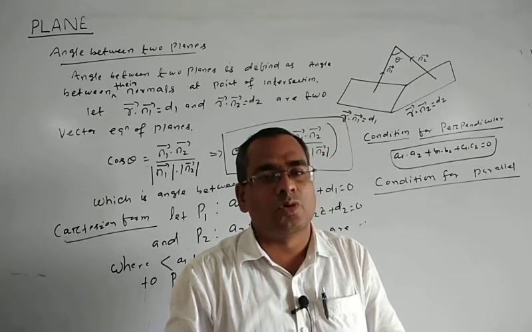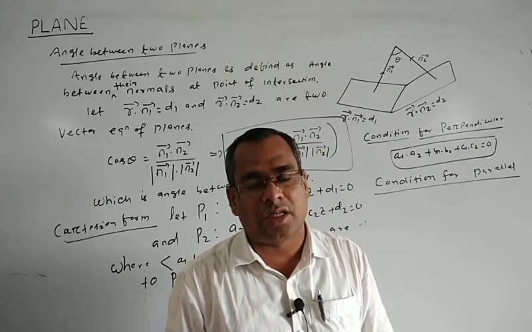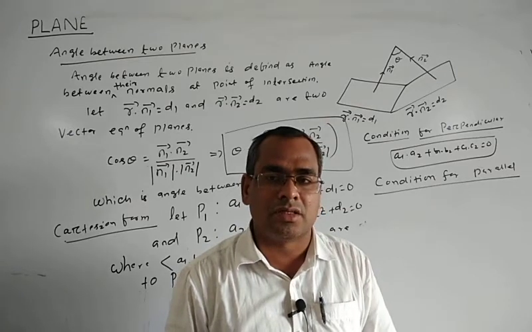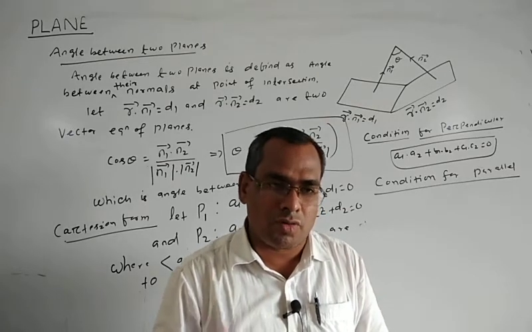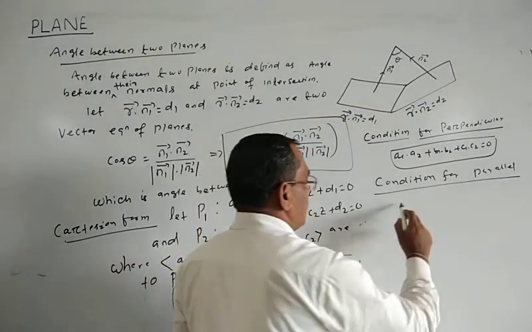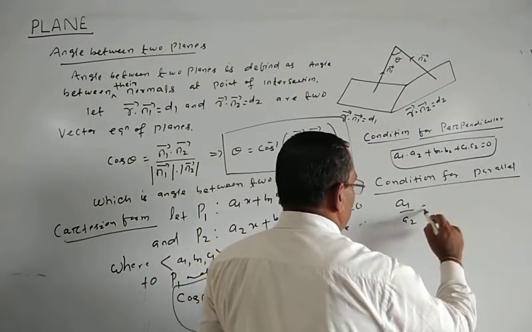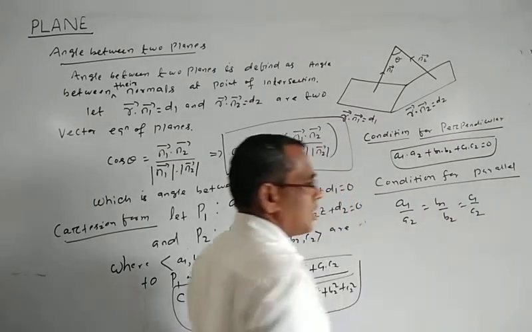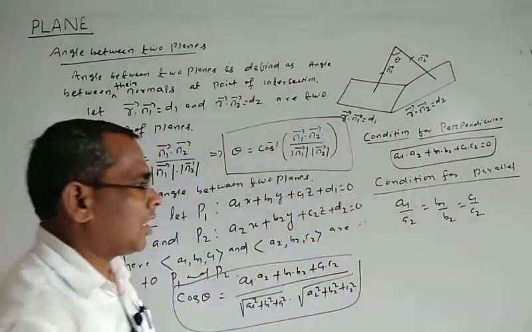And you know, if two lines are parallel, the direction ratios must be proportional. So two planes are parallel means the direction ratios of the two normals must be proportional. That is a1 by a2 is equal to b1 by b2 is equal to c1 by c2. This is the condition for two planes to be parallel.